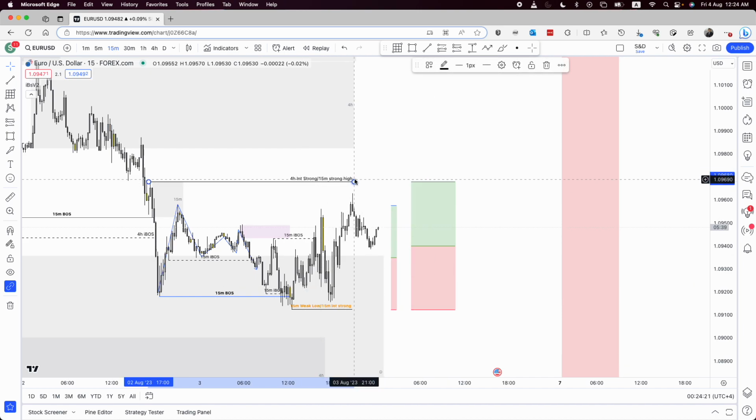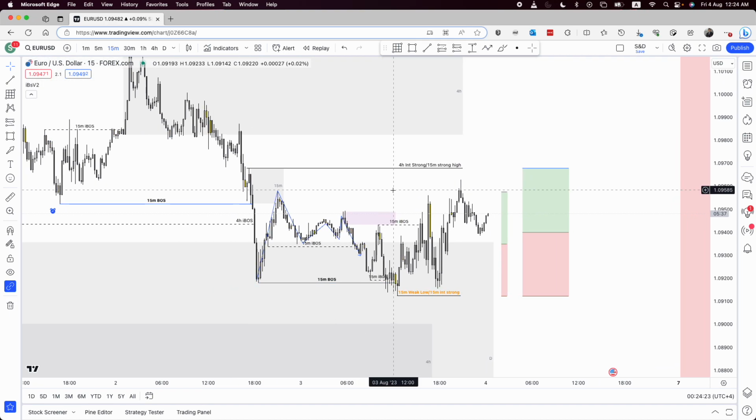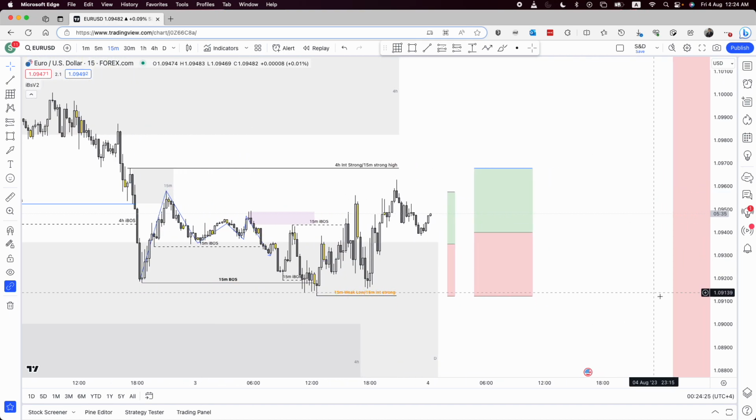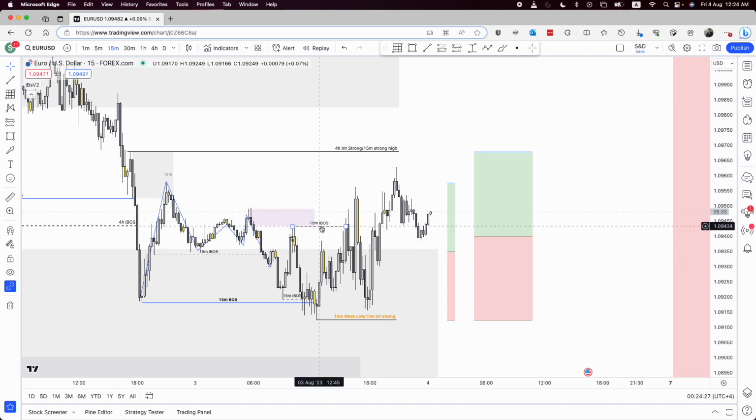So once we have the 15-minute strong high over here, what is the internal telling us? At this point in time, we had the internal eyeballs break. This makes this low the 15-minute swing low, and the 15-minute internal strong, right? Because this is breaking. Now we have a misalignment. We have a bearish swing leg, but we have the internal, which is bullish, right?